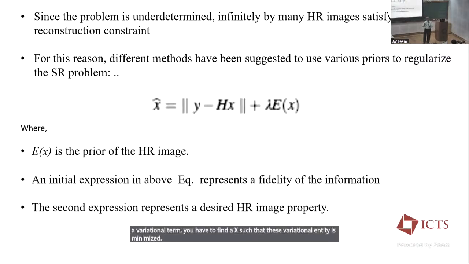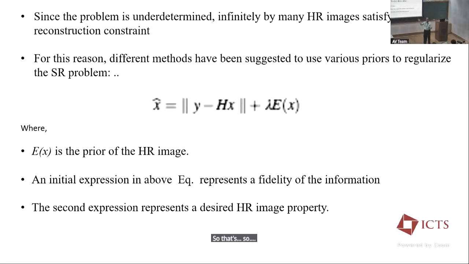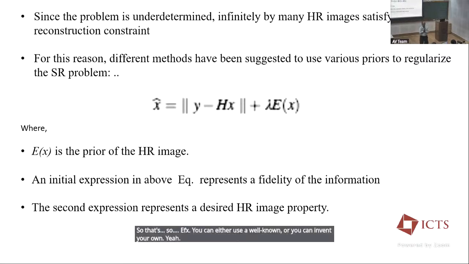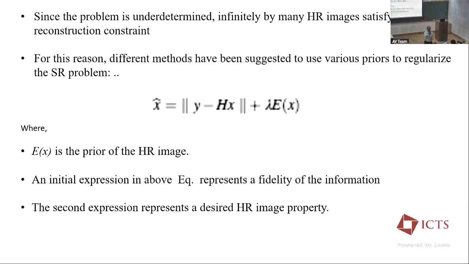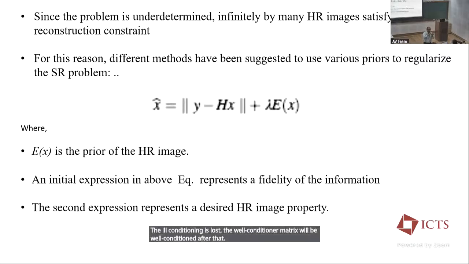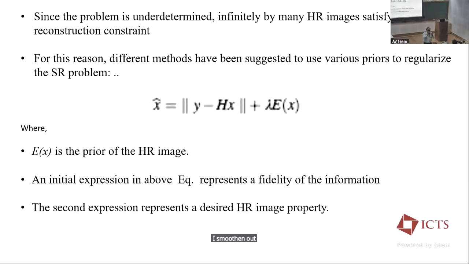So E(x), you can either use a well-known one or you can invent your own. The ill conditioning is lost. The well-conditioned matrix will be well-conditioned after that. I smoothen out the matrix ill conditioning. So that's in a naive way. I have an ill-conditioned system, and I have methods to take care of ill-conditioned matrices.